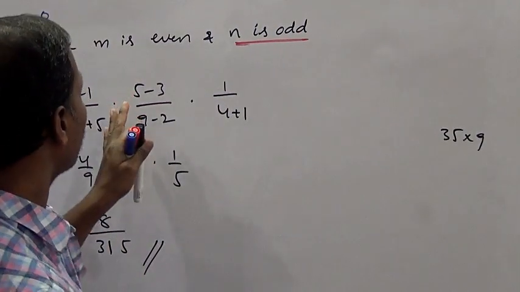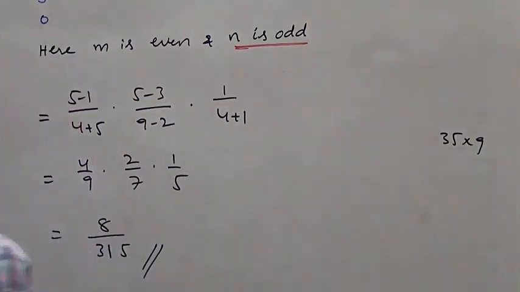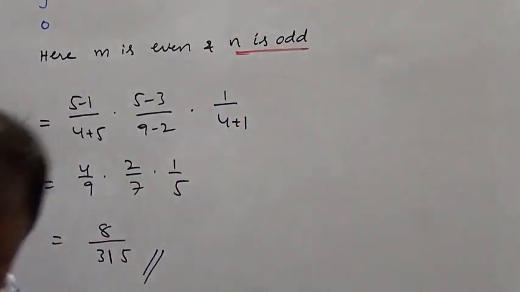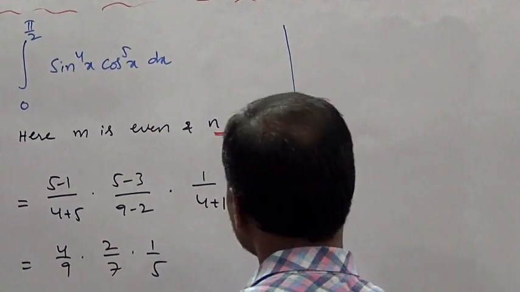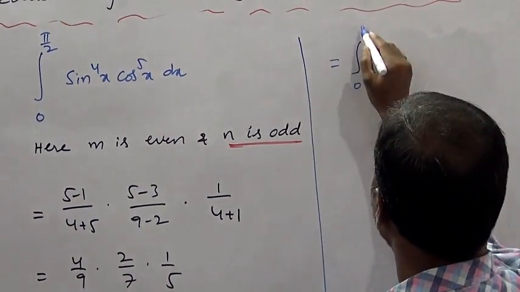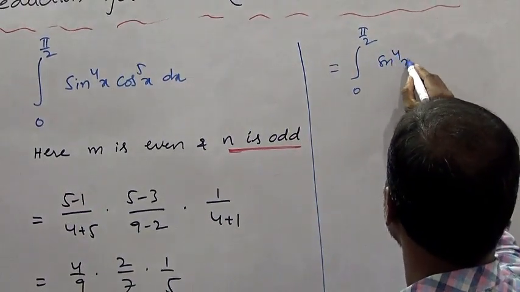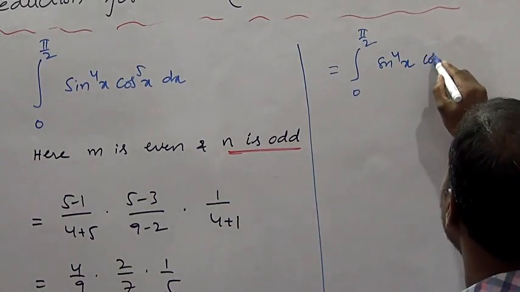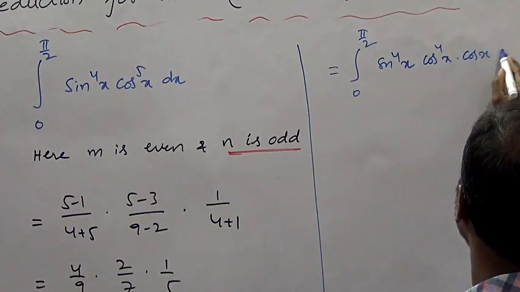Now maybe if you don't remember this formula, there may be some confusion. So this problem can be done in another way also. This can be written as the integral from 0 to pi by 2 of sin power 4x, cos power 4x into cos x dx.